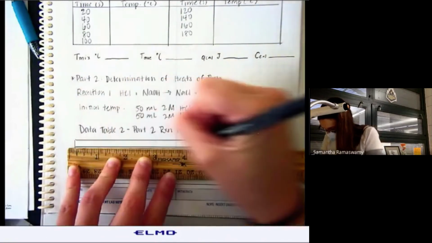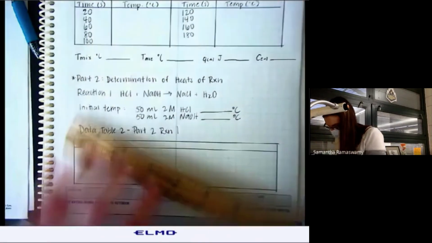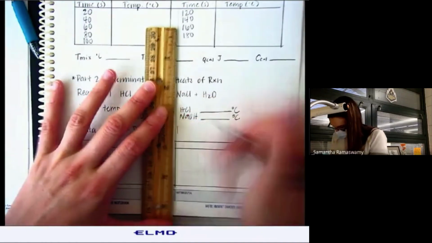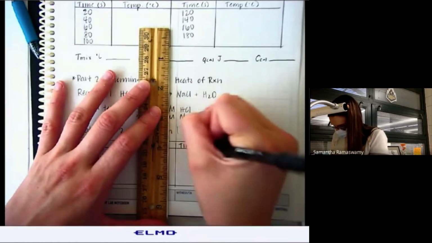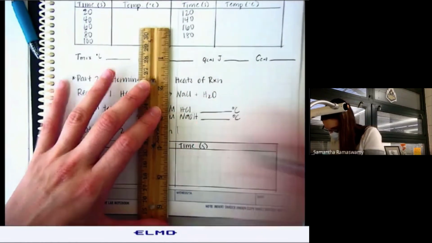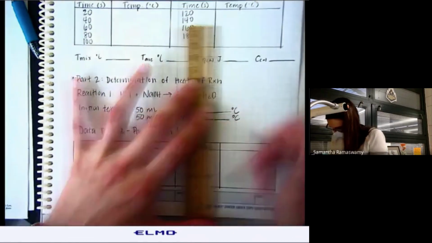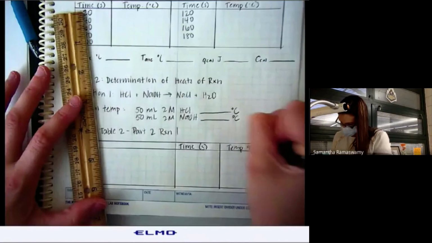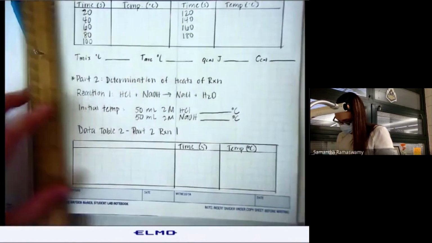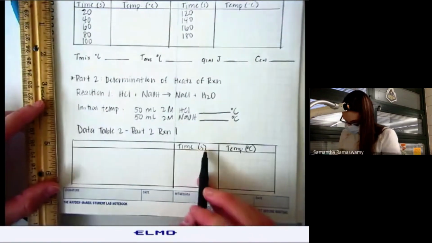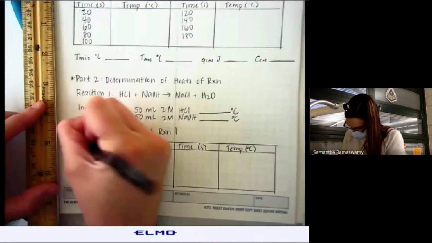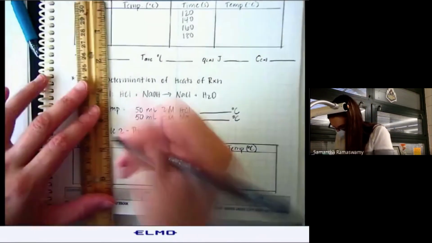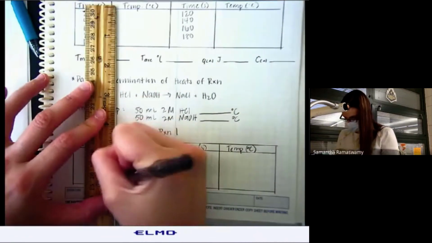All right, so I'm going to have my heading at the top. So I'll have time and temp. 1, 2, 3, 4, 5, 6. Time and temp.